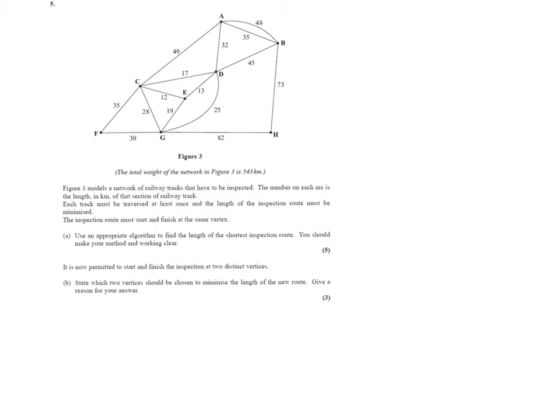So we know that the odd vertices are C, D, E and G. And what's going to happen is that the routes between the odd vertices are the ones that are going to be repeated. So that's so important, I'll say it again. The routes between the odd vertices are the ones that are going to be repeated.